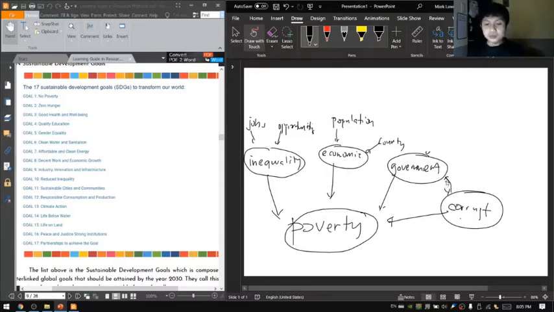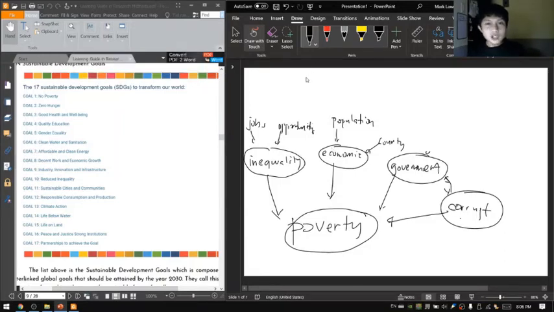So it's really difficult for you to address poverty because it tackles a lot of things. It can be inequality, economic development problems, but also corruption. If you're going to do research on this one, I really doubt that you can find something which addresses poverty as an engineering problem, because this is already a social and economic problem.